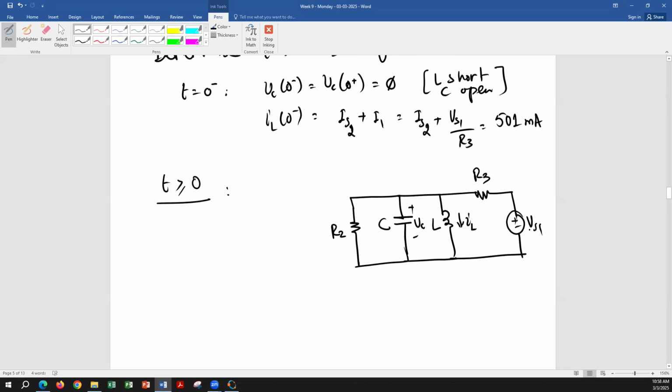Okay. So let's actually discuss what type of natural RLC circuit do we have, parallel or series? Parallel, okay.